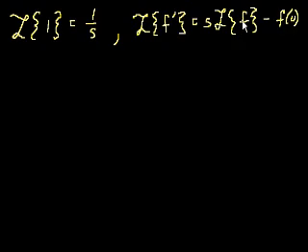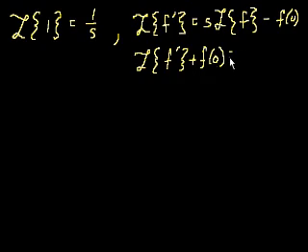Or another way, let's rearrange this. If we know f prime and f of 0, how can we figure out the Laplace transform of f? So let's rearrange this equation. The Laplace transform of f prime, I could write of t, but that gets monotonous, plus f of 0 is equal to s times the Laplace transform of f. Divide both sides by s, and I'm also going to switch the sides.